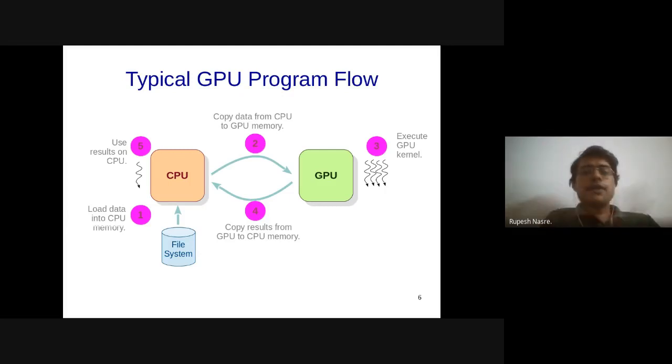The advantage you get is because of the parallelism, but if there isn't enough parallelism in your code, then the GPU cannot do anything. It's probably better in such cases to run the code sequentially on the CPU. So that is one reason: there isn't enough parallelism in the code.